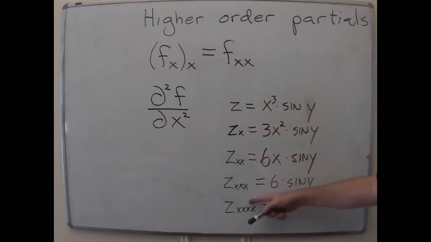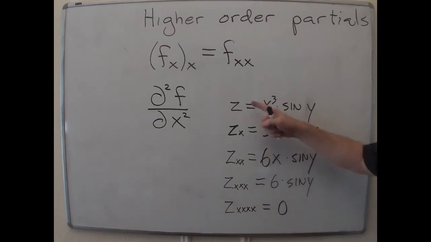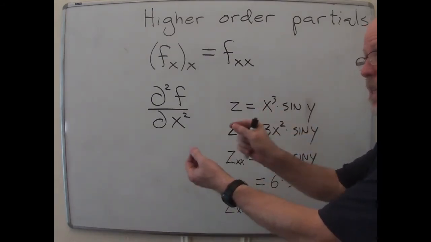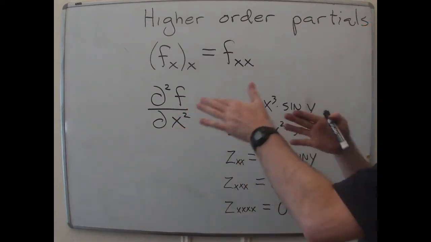This notation is actually easier to deal with than the Leibniz notation in this case, but this other notation does have its place. In certain ways it helps us. It's time to mention something that's a little strange, and it's hard to physically interpret, because these higher order derivatives, when I'm doing them with respect to x, I'm thinking about the 1D curve that I get by leaving y coordinates fixed and moving strictly in the x direction.